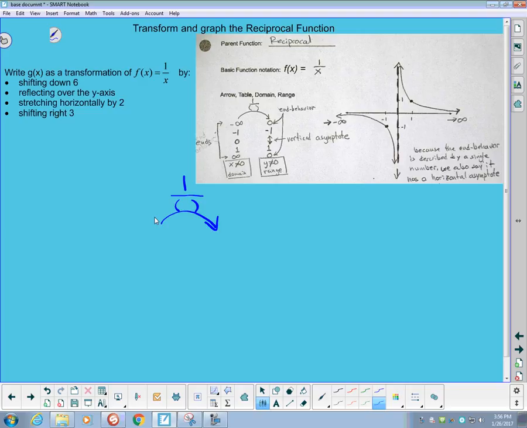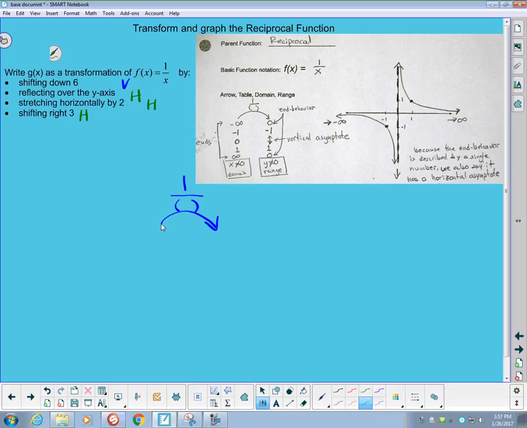And then we can come up to our list of transformations that we want to perform and identify them as vertical or horizontal. Down 6, that is definitely a vertical transformation, but reflecting over the y-axis is a horizontal transformation. Stretching horizontally by 2 obviously is a horizontal transformation, and shifting right 3 is also a horizontal transformation.